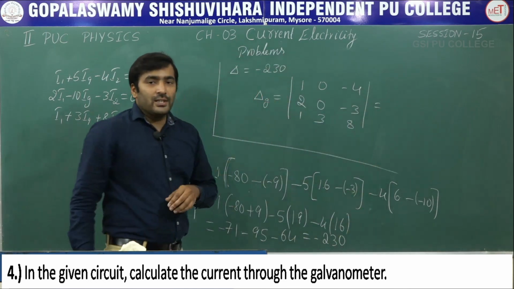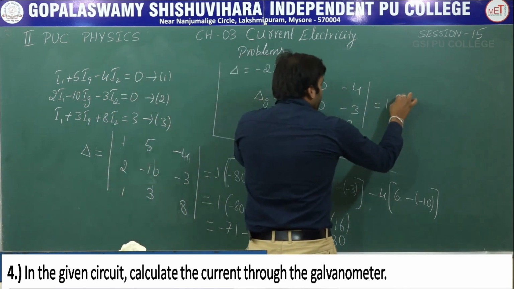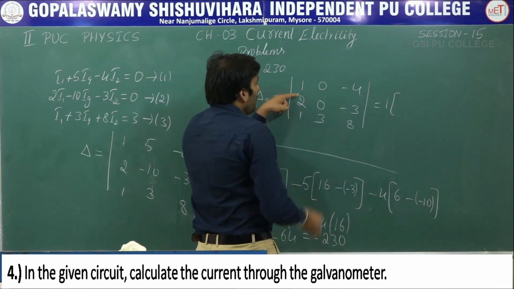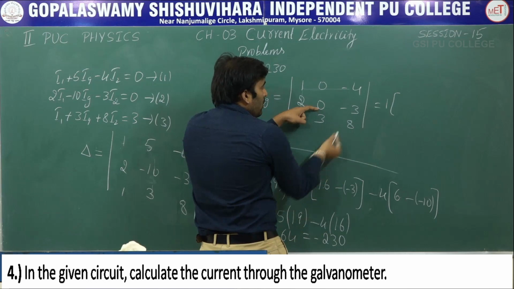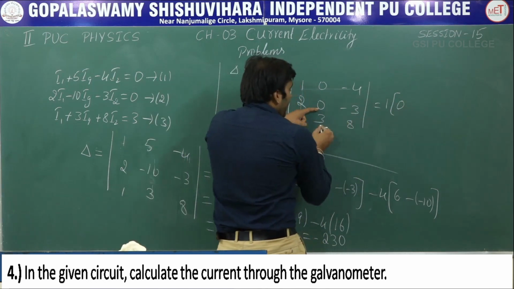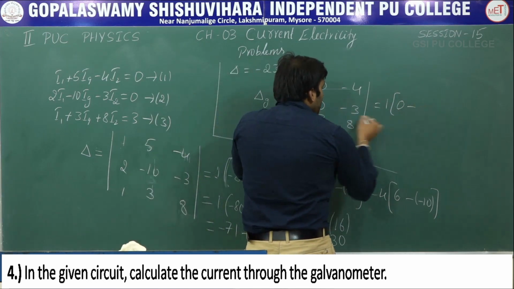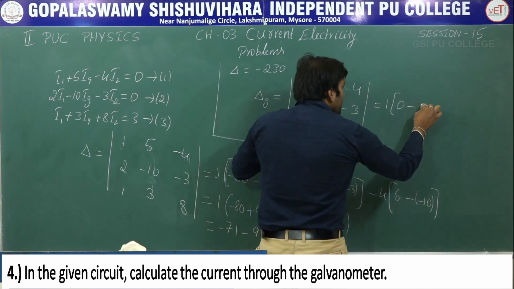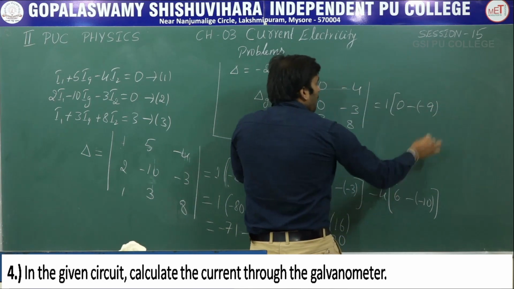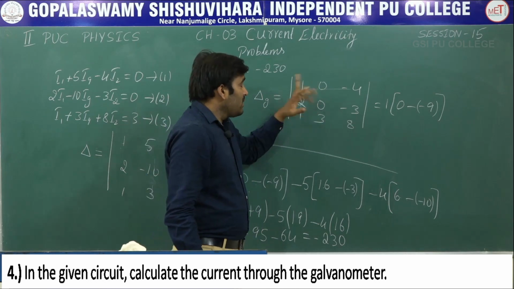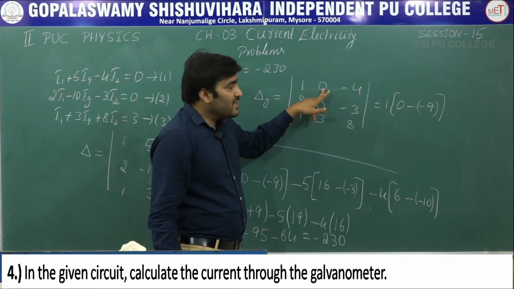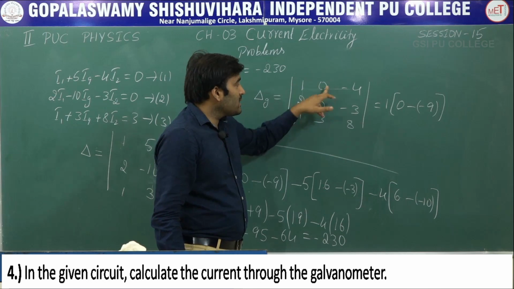Now let us solve this determinant. 1 into, leave this row and this column, 0 into 8 is 0, minus 3 into 3, minus of minus 3 into 3 is minus 9. The second element of this row is 0, therefore I will leave this.